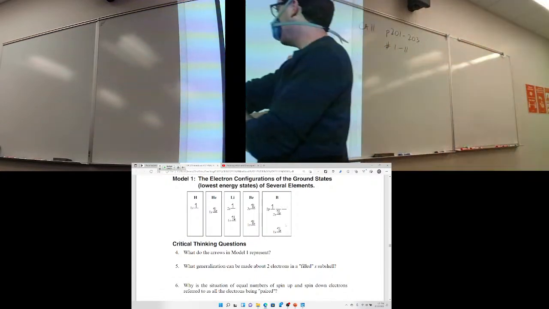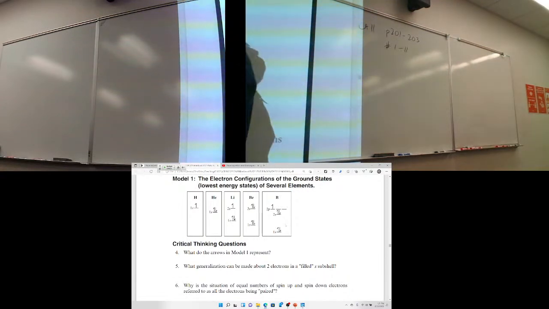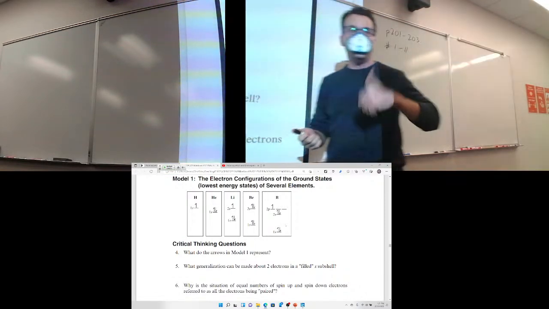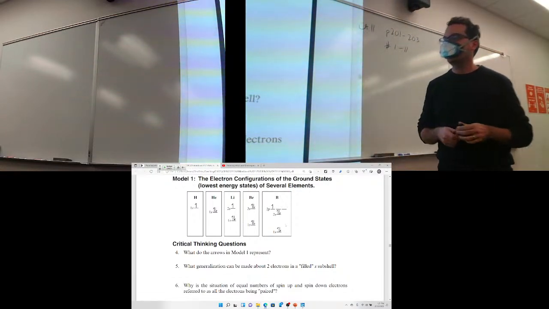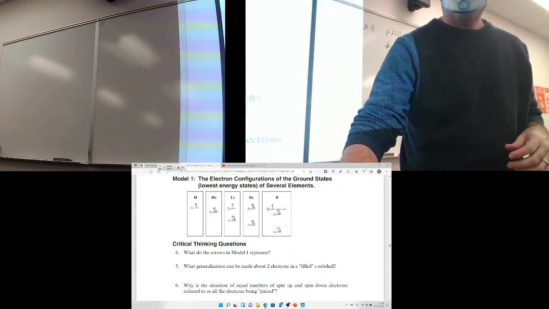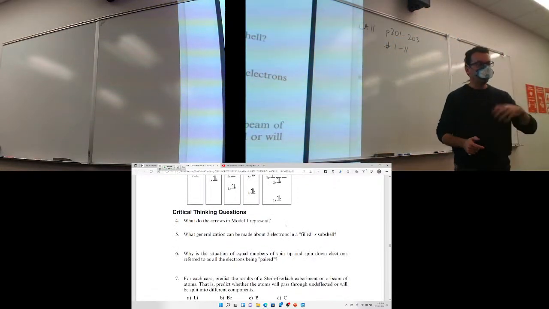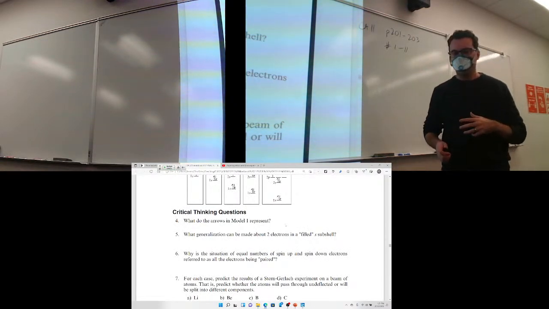What generalizations can you make about two electrons in a filled s subshell? So in all of these, there's one up and one down, always. All right, so we know that already. In an orbital, you have to have one spin up and one spin down. You can't have both up and both down.